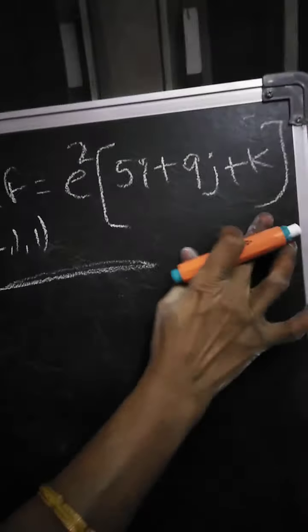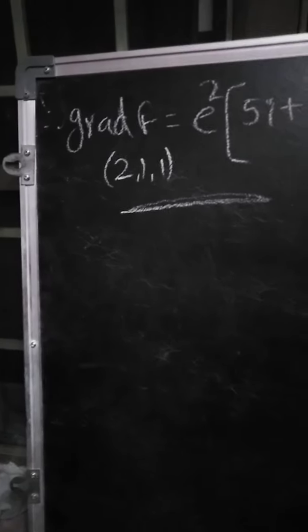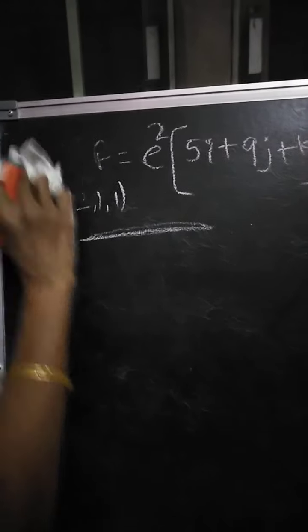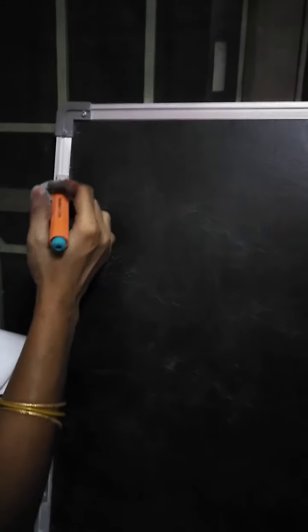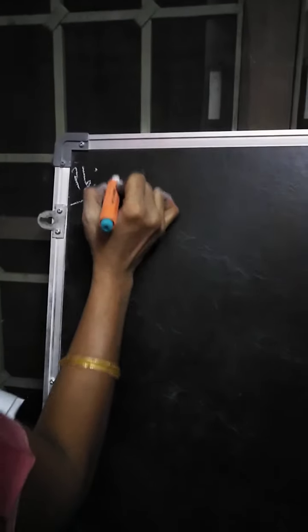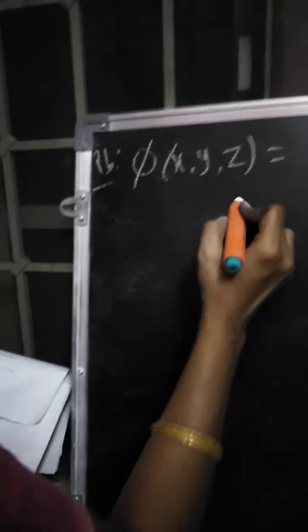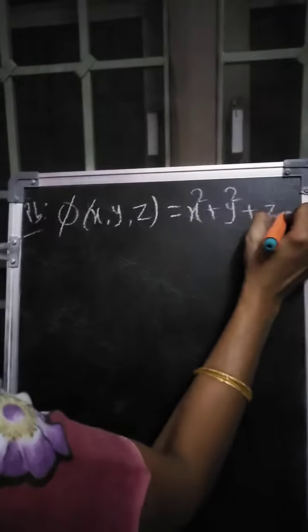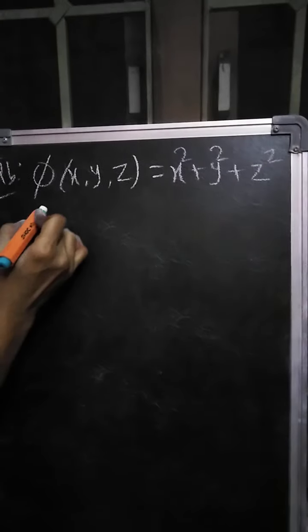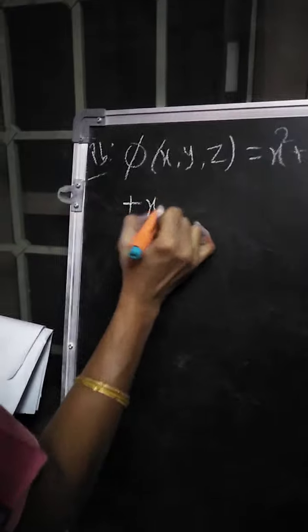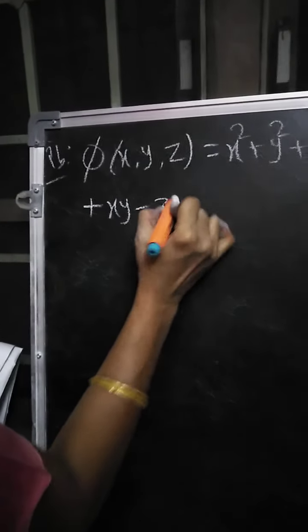So first, here is one more problem. So we can solve the problem. Okay. Next, curl grad f is equal to 0, or first, one problem: Phi of x, y, z is equal to x square plus y square plus z square plus xy minus 3x.